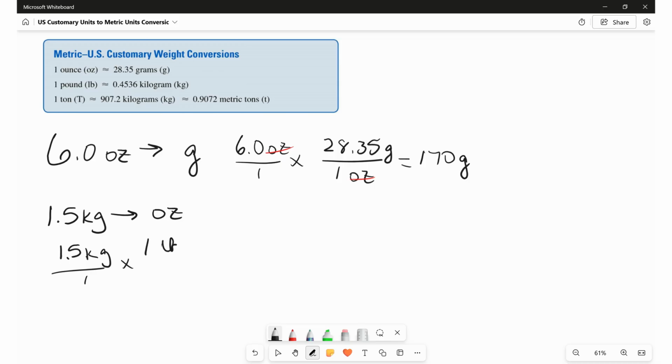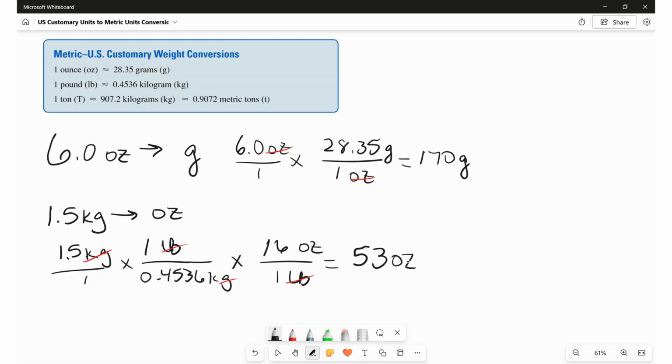So 1 pound is 0.4536 kilograms. But then we need to have ounces. From when we studied the US customary units, we know that there are 16 ounces in every pound. So our kilograms cancel, our pounds cancel, and when we multiply and divide this whole thing out, we get approximately 53 ounces.